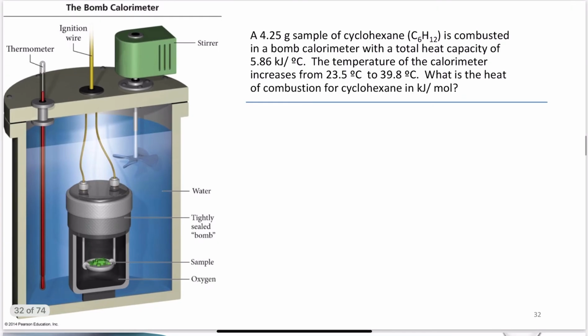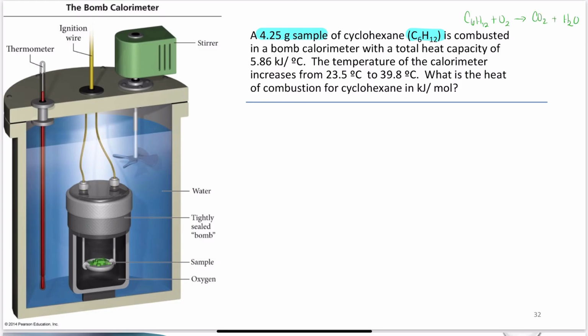Let's work one more example for this unit. Bomb calorimeter example. We have a 4.25 gram sample of cyclohexane, C6H12, being combusted. Again, combustion means burning. So C6H12 plus O2, giving you CO2 plus water.